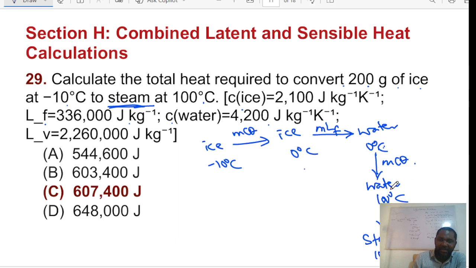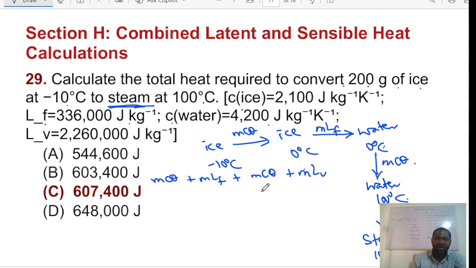Then at 100 degrees Celsius, for it to convert to steam, there is no temperature change. So here is mL, but mLv. So you can see all the energy conversion. So the total energy will be mc theta plus mLf plus mc theta, then plus mLv. Kindly note this. This is how to go about this.